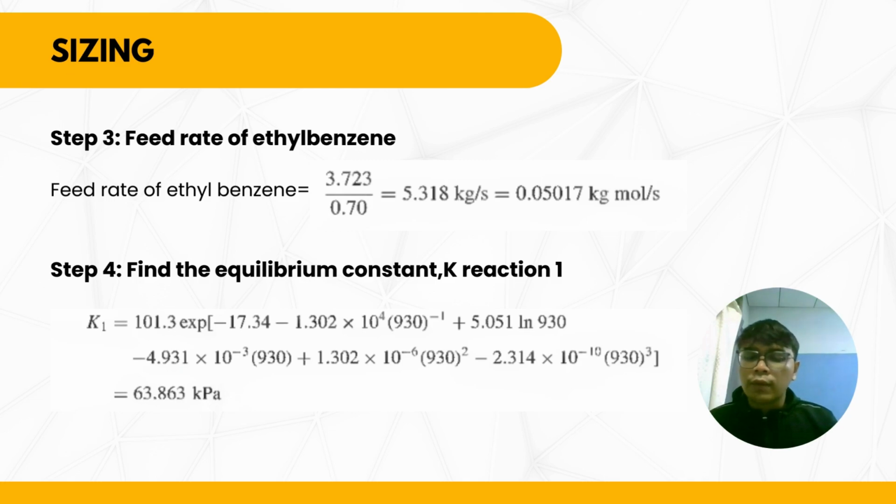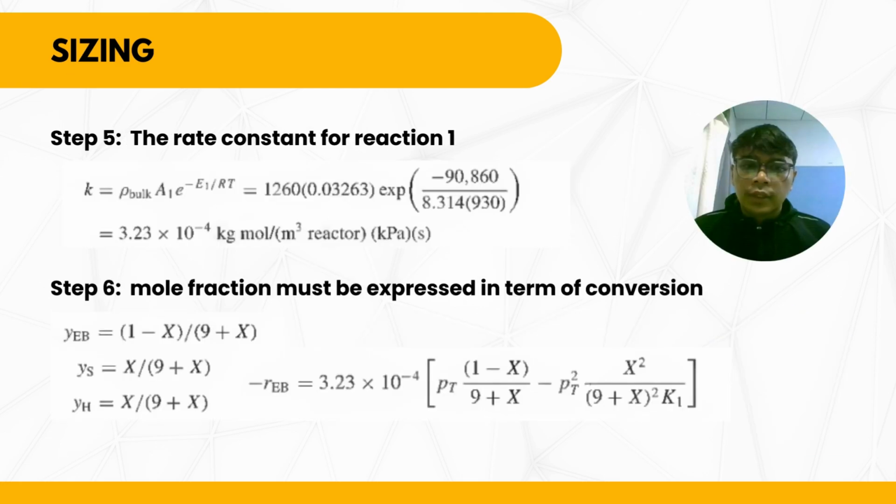We also need to find the equilibrium constant K, reaction 1, K1, to get the rate constant for reaction 1 later on. For step 5, we use the information from step 4, and we got the rate constant k as 3.23 times 10 to the negative 4. From the equation, we need to change it to mole fraction and express it in terms of conversion. We rearrange the formula expressed in terms of conversion.